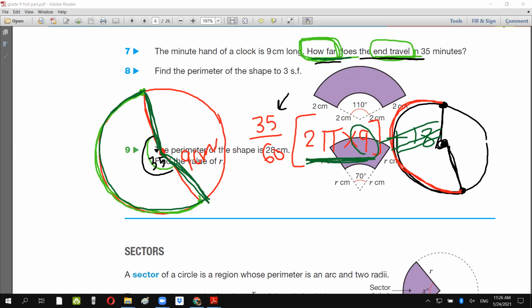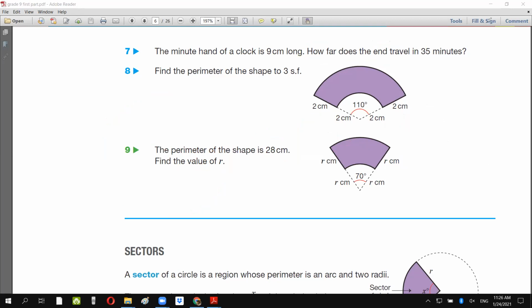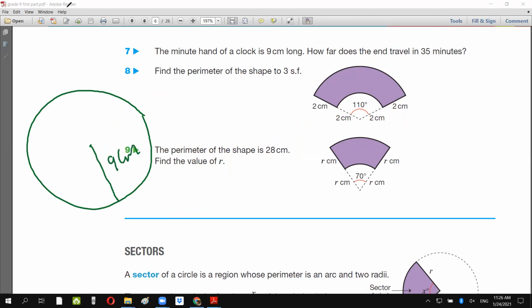From the first, guys. I have a watch and I have a hand. The length of this hand is 9 centimeters. It says this hand moved 35 minutes, means it reached till here, for example. I have 35 over total 60. Do all of you know why I took 35 out of 60? Yes. Okay.